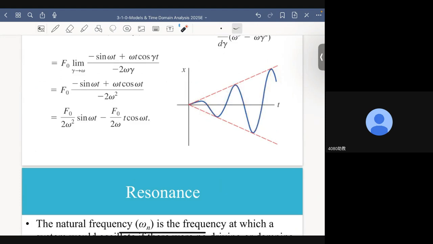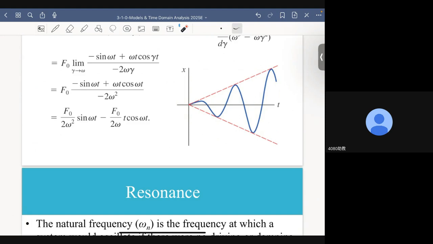What is the physical reason the response of the system will become larger and larger without any bound? There has got to be a reason behind it. This does not come from nowhere. This is not an accident. It is bound to happen if my excitation frequency coincides with the natural frequency of the system.